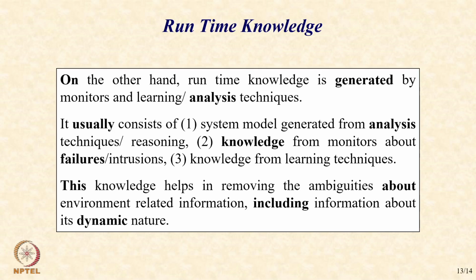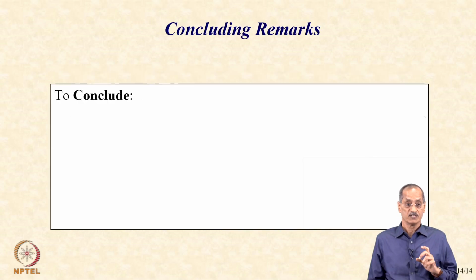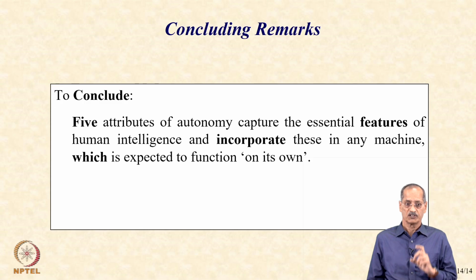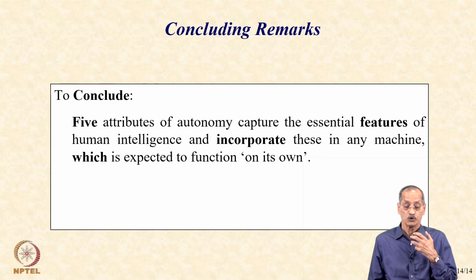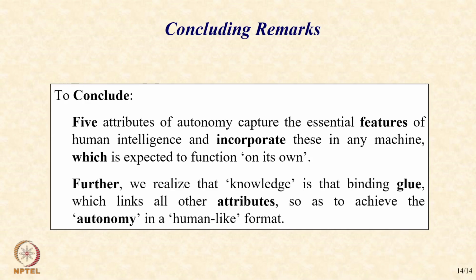So, to conclude this segment, we have talked about the 5 attributes of autonomy, which capture the essential features of human intelligence and incorporate these in any machine. The whole idea is that it is expected to function on its own. And in this, you have to realize that knowledge is the binding glue that links all these 5 attributes.